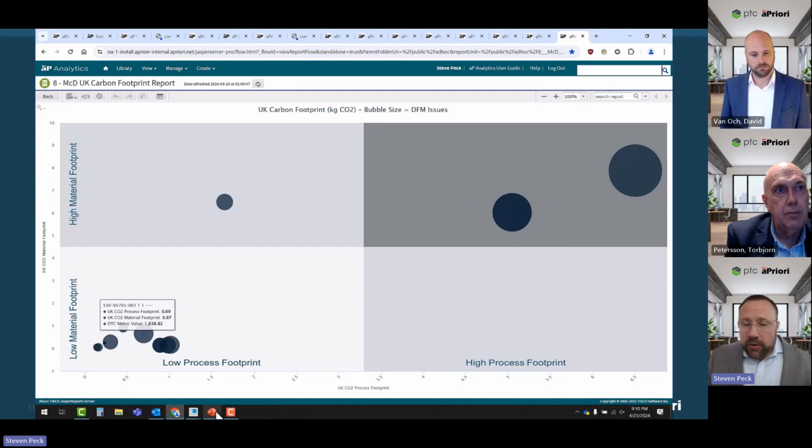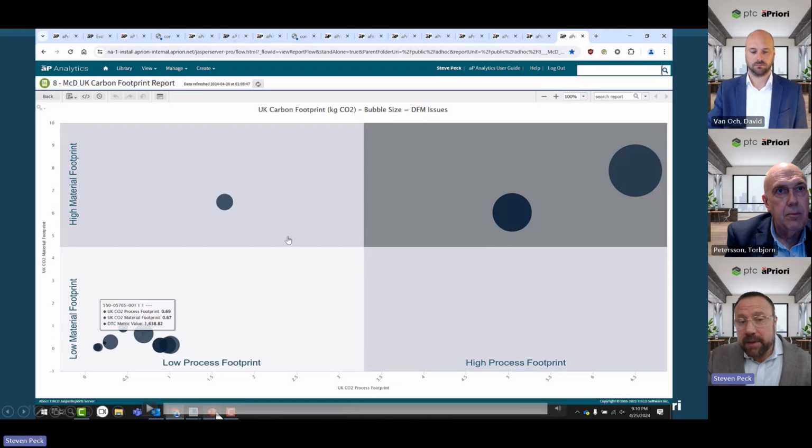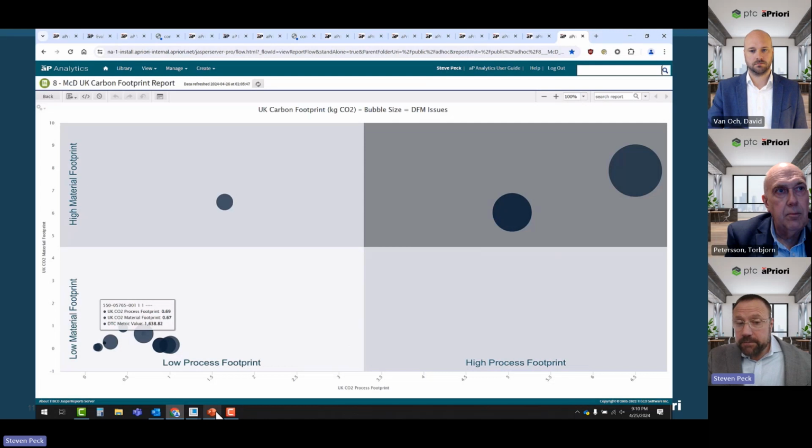So, a quick overview of aPriori: the insights that can be bubbled up, how information can be developed interactively and gathered during the design process with Creo, but also in an automated process with Windchill, where parts can be automatically processed and insights pushed directly back into Windchill.